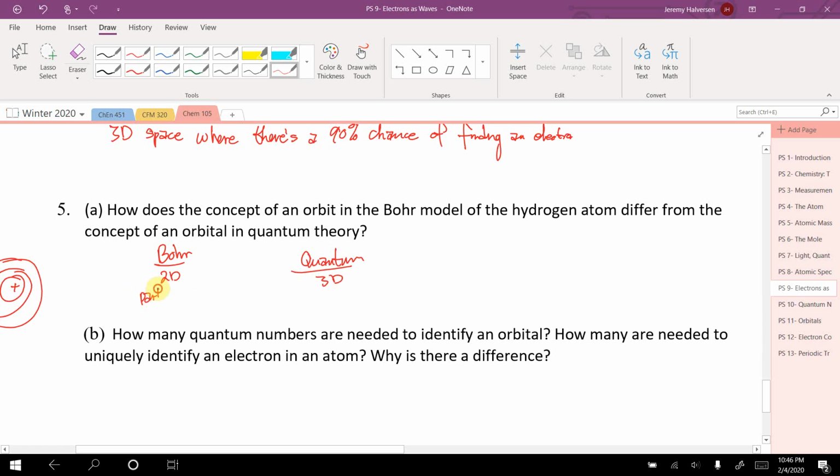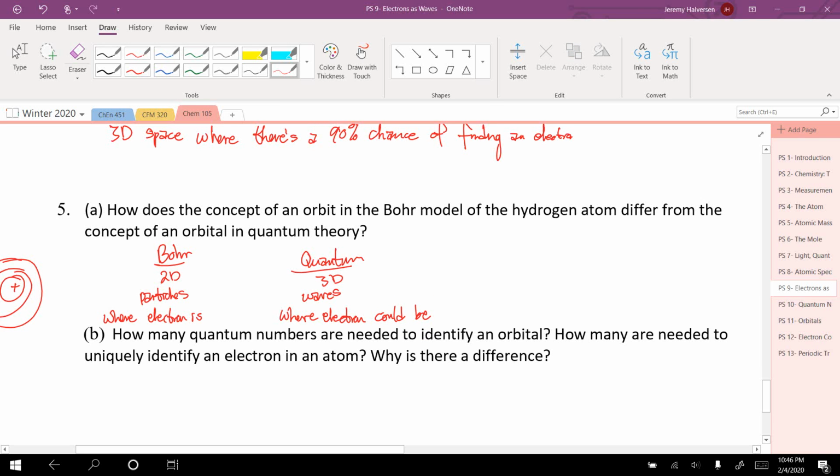Bohr treats electrons as particles. Quantum treats them more like waves. And Bohr says where the electron is. Quantum says where the electron could be. Those are really the big differences that come to mind for me.